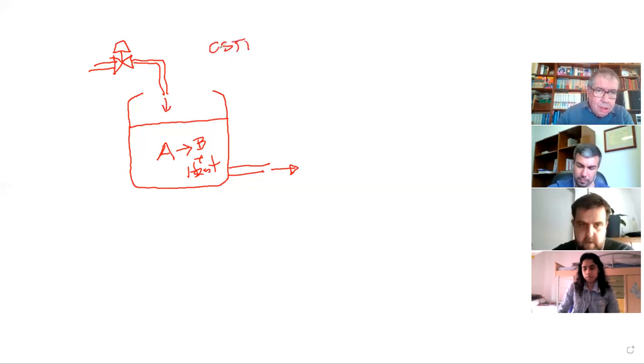Continuous because you are continuously adding something and removing, and there is a reaction here. And it's stirred, not just for folklore, but because everything is assumed to be homogeneous.